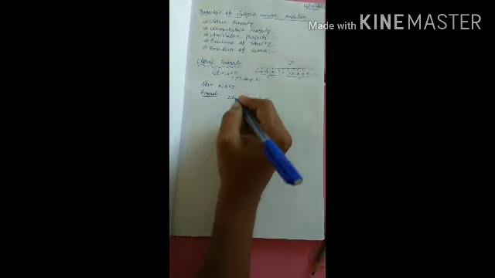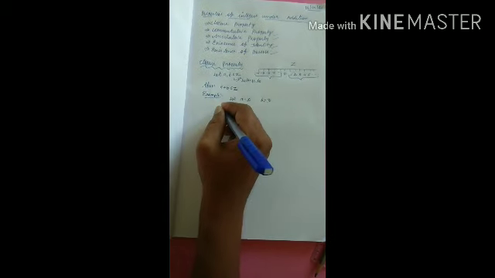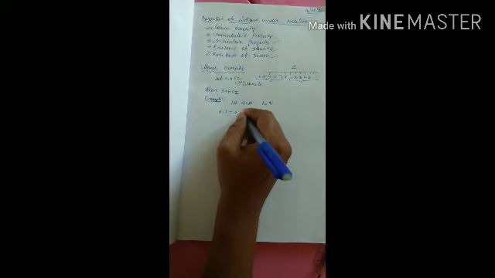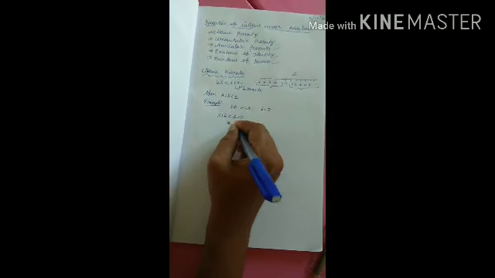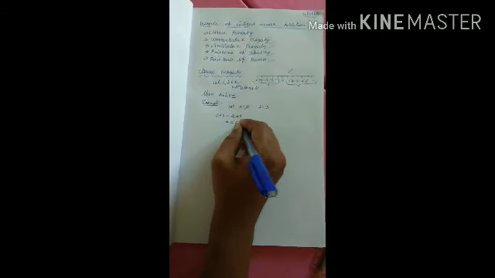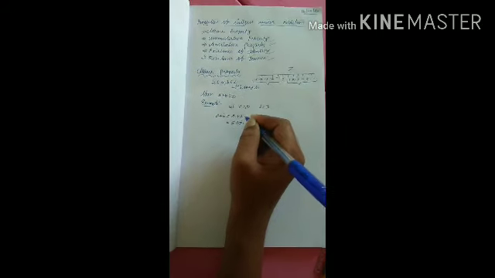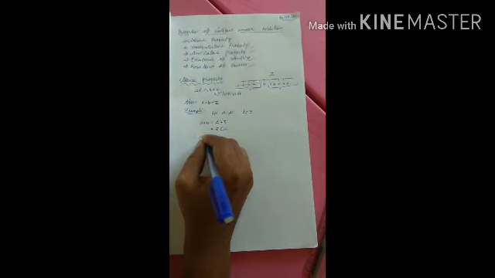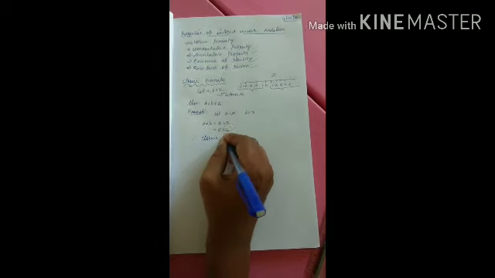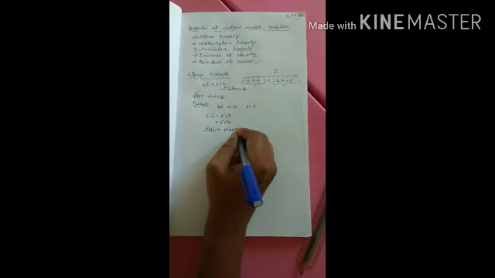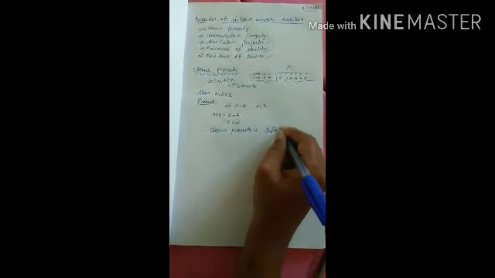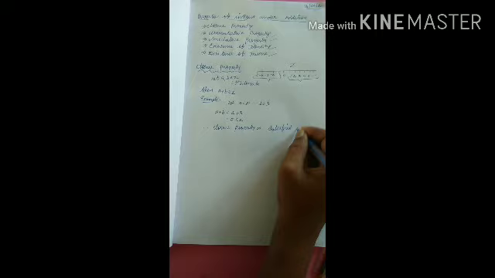So we add them. a plus b equal to 2 plus 3, that is 5. 5 belongs to Z. Clearly 5 belongs to Z. Therefore closure property is satisfied under addition.